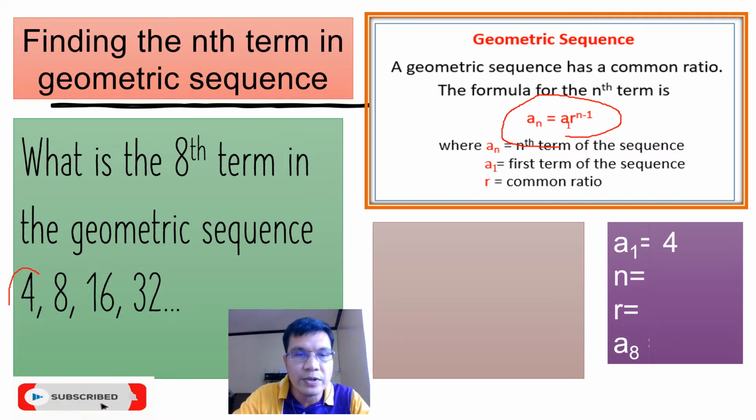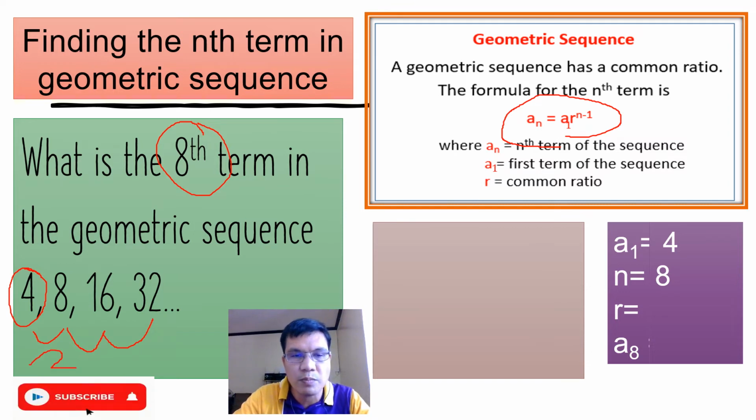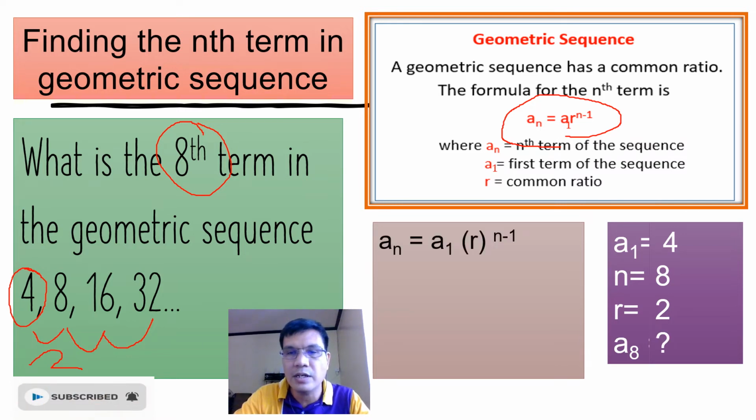This is our first term. Then, n natin, that is the 8th term. That is our n. And our common ratio, what do you think is our common ratio? 4, it becomes 8, 8 becomes 16, 16 becomes 32. Yes, it was multiplied by 2, so our ratio is 2. And we are looking for A sub 8. So to get the answer, let us translate it into this formula.